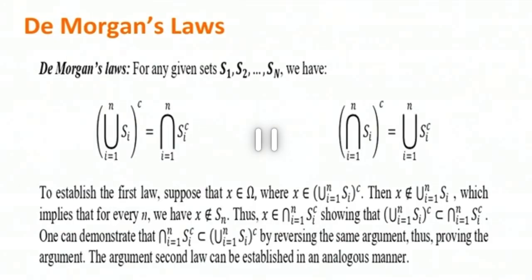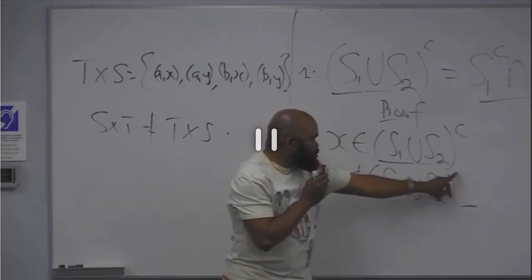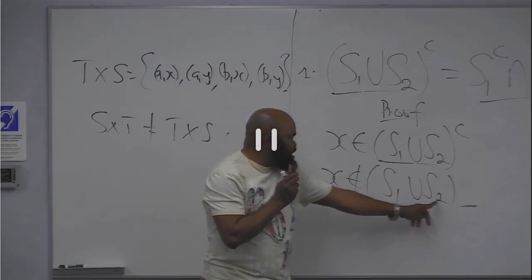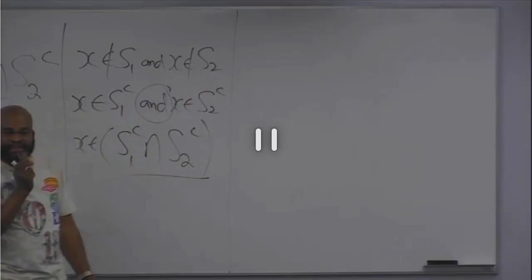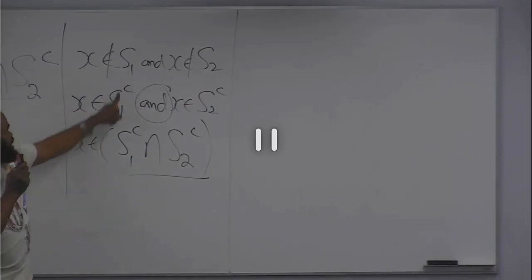I'm going to say that again. We want to prove that this is equal to that. S belongs to that. We start from here. If S comes from the complement of that, then S does not come from it when I remove the complement. When I have this, I can split that. This guy means S does not lie in that and S does not lie in that. And here, if I remove this, it is going to have a complement.